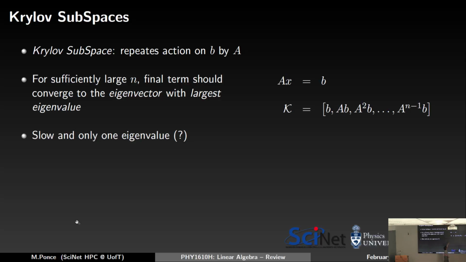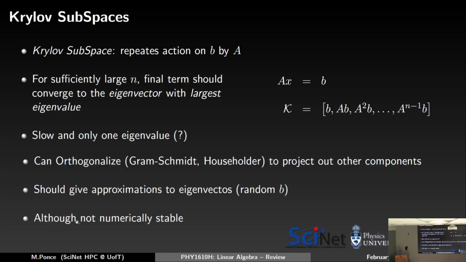The first one is A to the 0, which is the identity, just giving you the vector b. Then Ab, A squared b, and so on up to A to the n minus 1 b. What you can show is that by the end, you will converge to the largest eigenvalue, so you obtain the largest eigenvalue by applying this method successively.